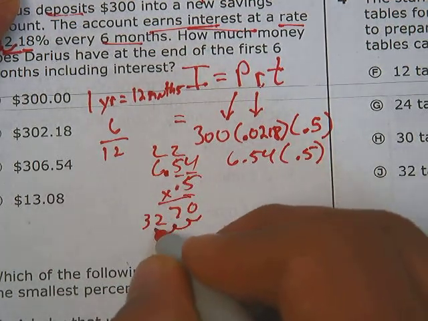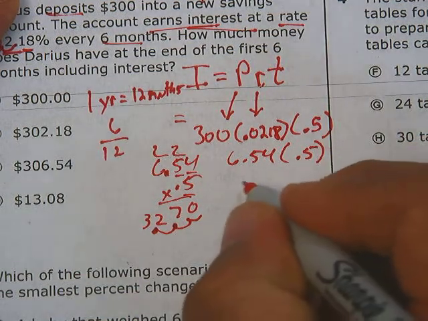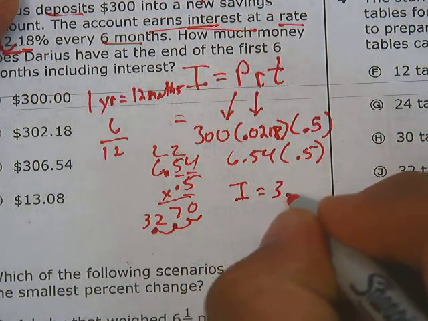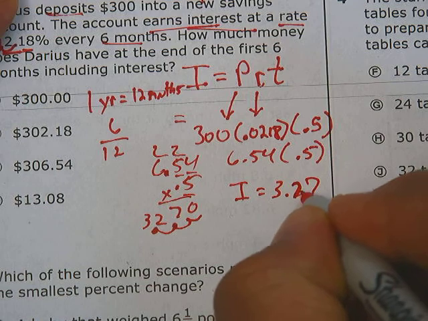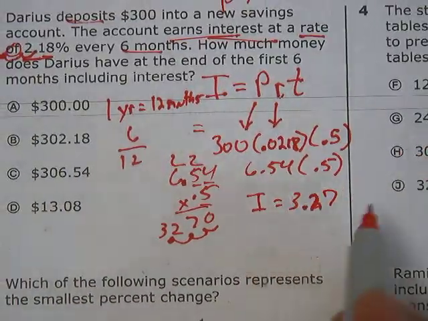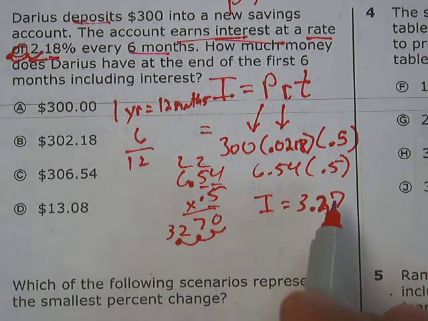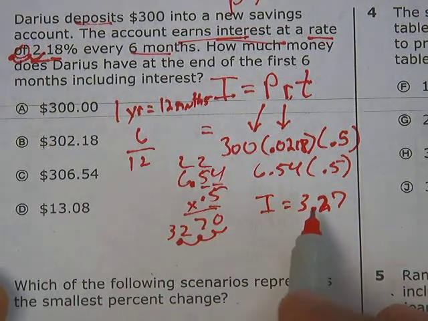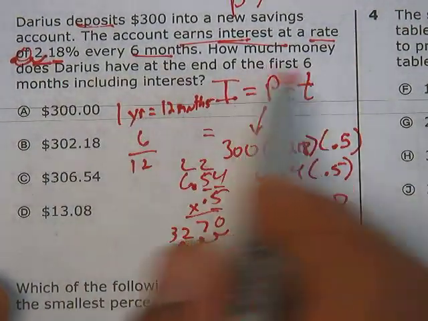And I get 3 numbers to the right of the decimal, so I get $3.27. So my simple interest is equal to $3.27. That's how much the bank has given Darius for depositing $300 in the first 6 months.